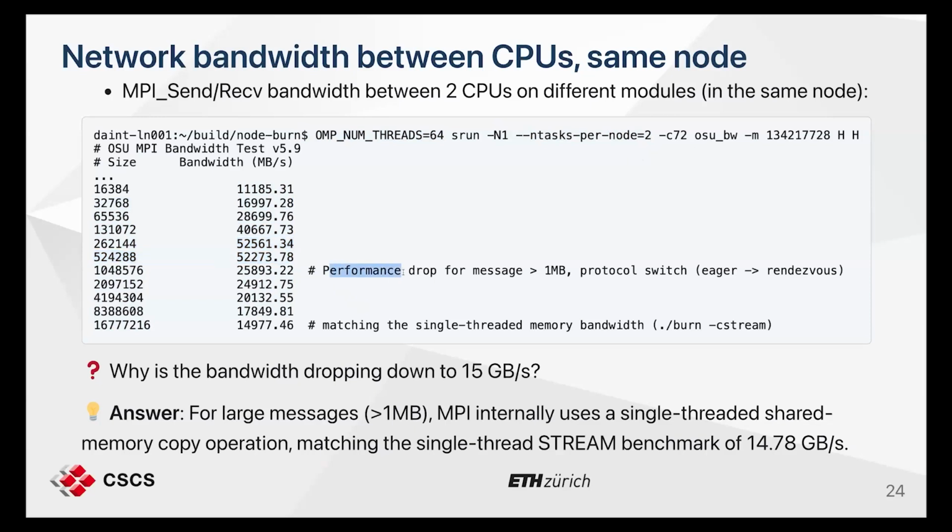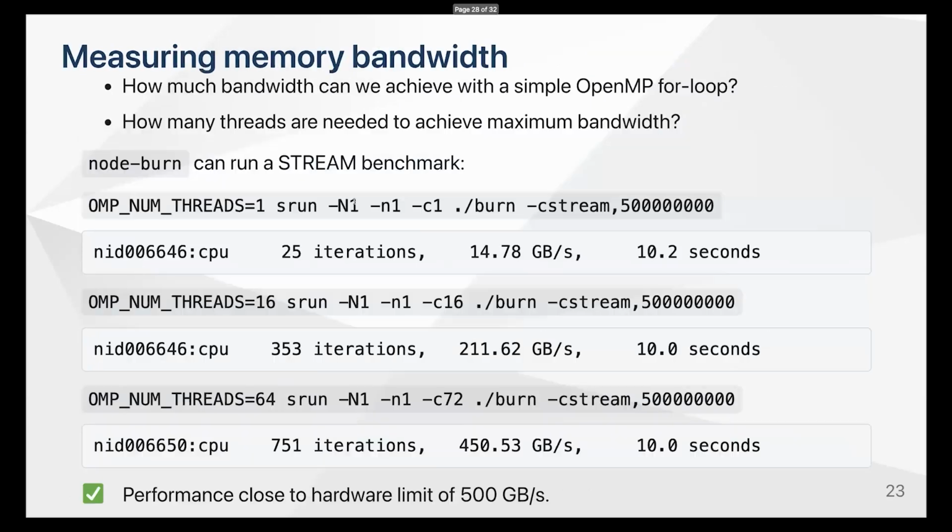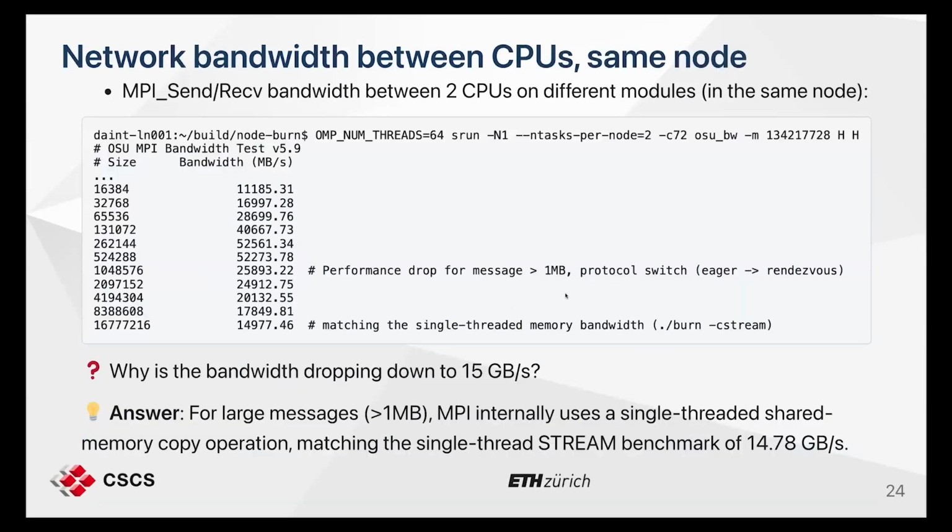While when the message size goes to 1 megabyte or larger, the performance starts to drop. And it saturates there at 14 gigabytes per second, which, if you remember, is the first result when we ran the streaming benchmark with one thread. So what's happening here?